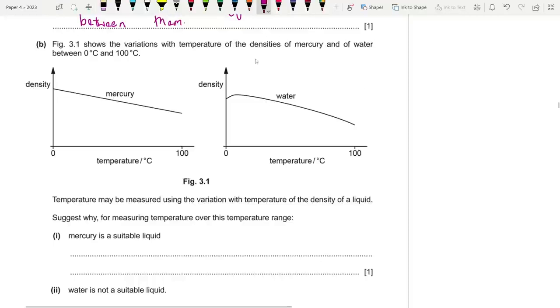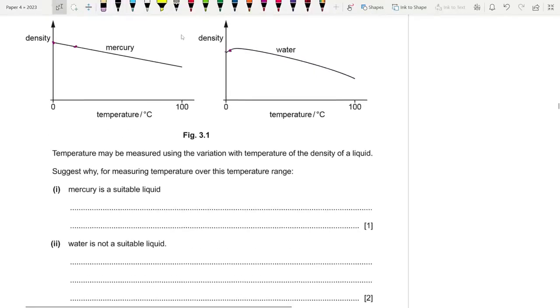Okay, and look at the mercury. Mercury has unique values. This value never repeats. But look at water. This same value repeats twice. It's not a one-to-one function basically, right? It does not have unique values. So why is mercury suitable?